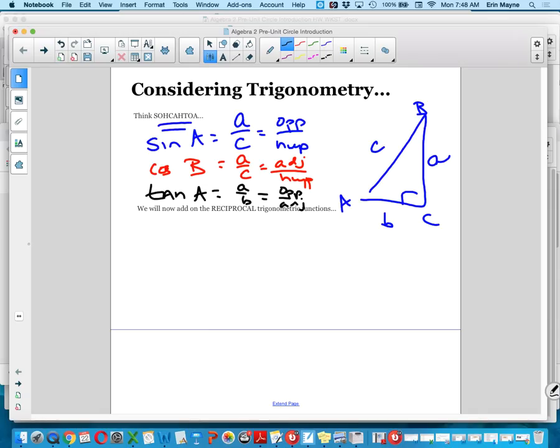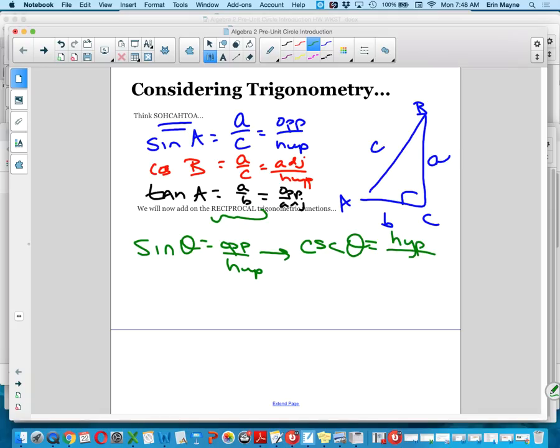Now, moving forward, we're going to actually tack on 3 new trig functions. We're going to not only say that sine of the angle is opposite over hypotenuse, we're going to tack on its reciprocal function. The cosecant of an angle is its reciprocal, the hypotenuse over the opposite side.